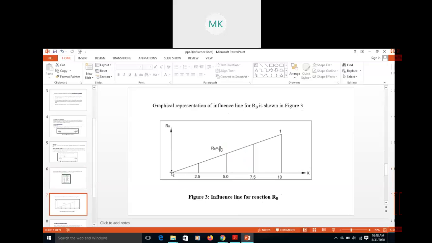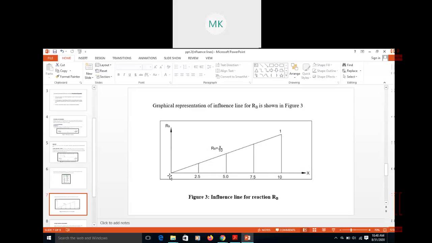You see, from 0 it comes up at 10. This is for reaction RB, considering the moment about point A. You see from 0, 2.5, 5, 7.5, 10, how the values are coming.